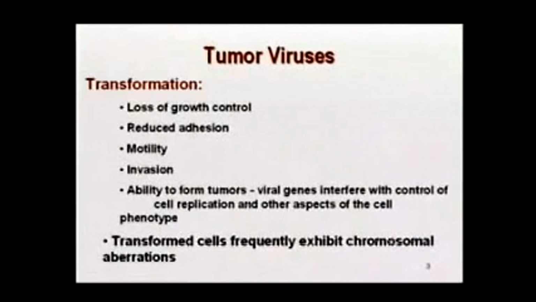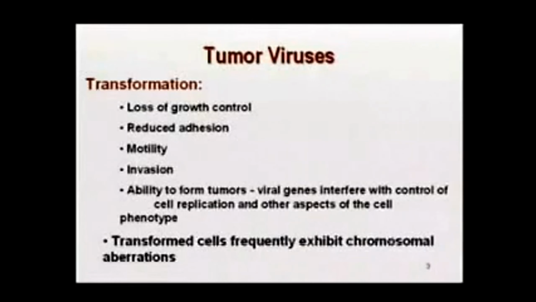If these cells are epithelial cells, and most tumors are tumors of epithelial cells, they will exhibit changes in their cell surface proteins, which will allow the cell to become less adhesive to its surrounding cells. The cell becomes more motile. It can invade other tissues and have all the properties that you expect of a transformed cell.